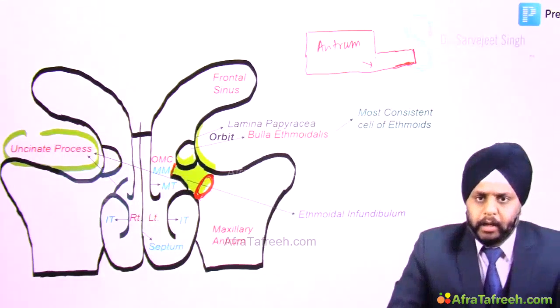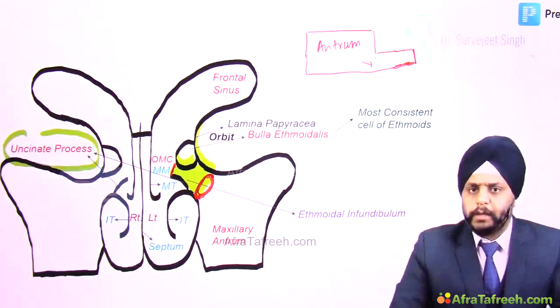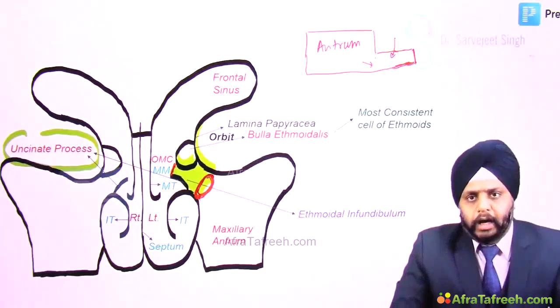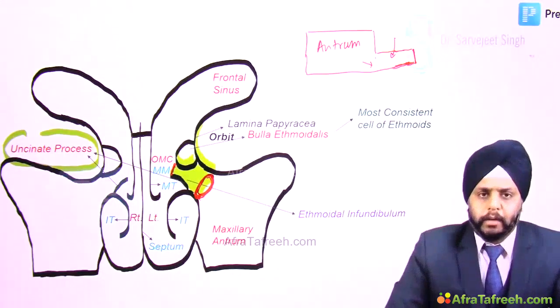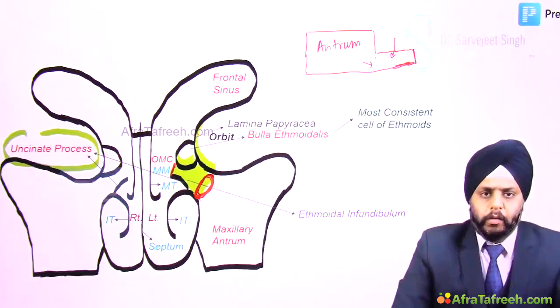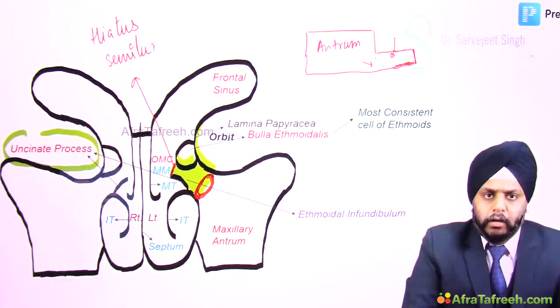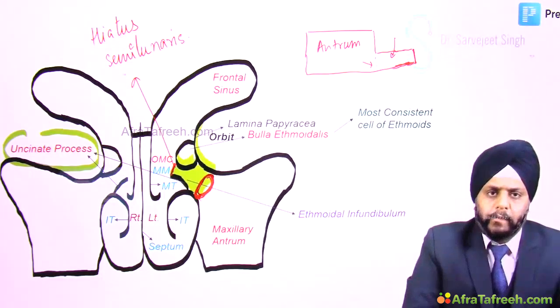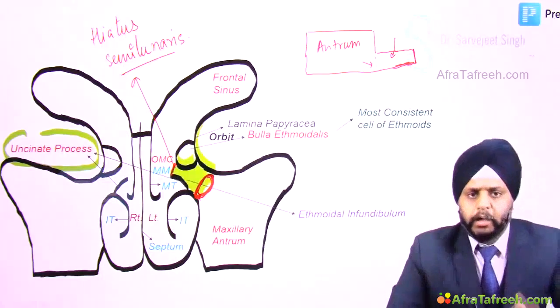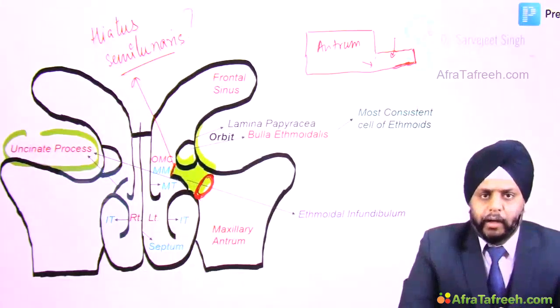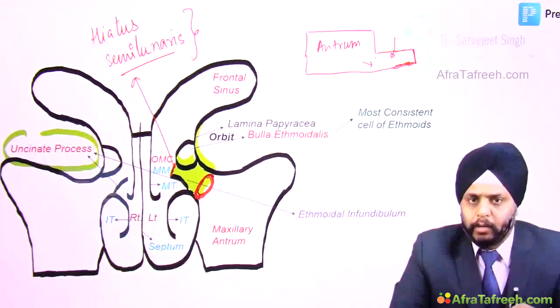Remember, the antrum is a three-dimensional space, the infundibulum is also a three-dimensional space, and at the end we have a two-dimensional plane. This two-dimensional plane is known as hiatus semilunaris. So the two-dimensional plane between the uncinate process and bulla ethmoidalis is known as hiatus semilunaris.